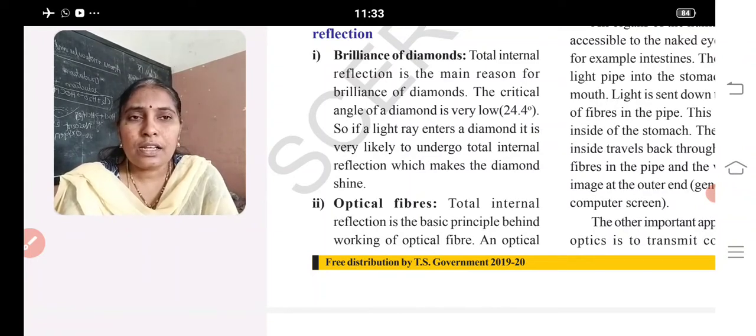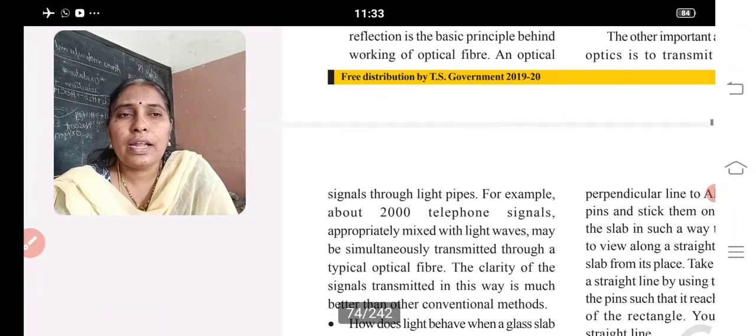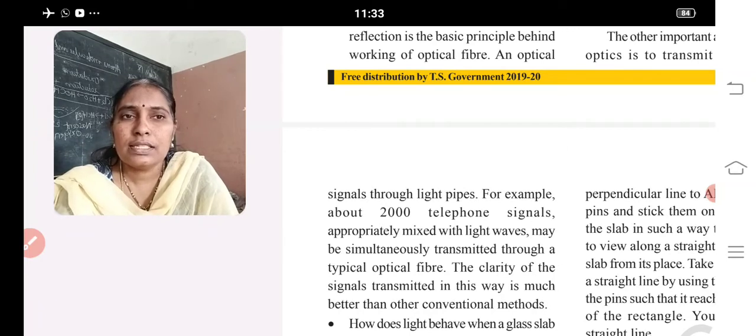Next, optical fiber. Total internal reflection is the basic principle behind the working of optical fiber. An optical fiber carries signals through light pipes. For example, about 200 telephone signals mixed with the light waves may be simultaneously transmitted through a typical optical fiber.